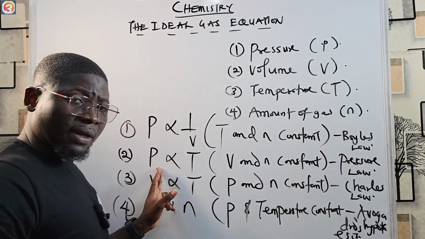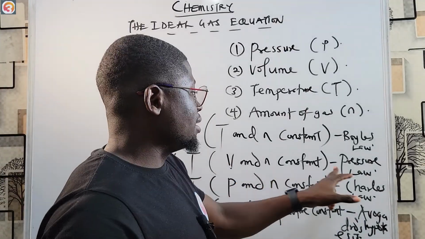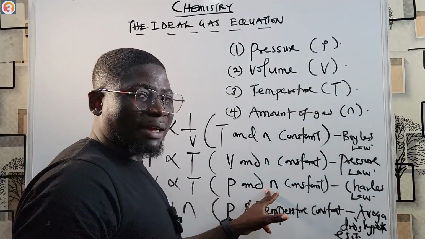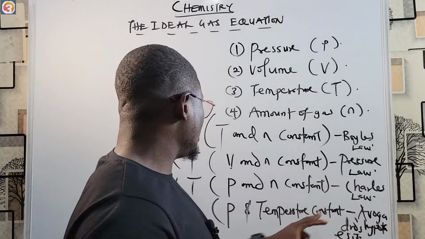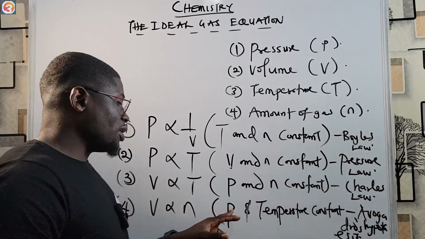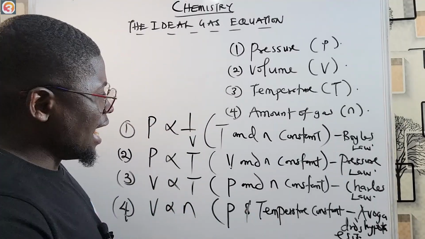We have seen between pressure and temperature, where volume and amount of gas are held constant, the pressure law. We have seen volume and temperature, where pressure and amount of gas are held constant. That was Charles law. We have seen volume and amount of gas, where pressure and temperature were held constant, and that is Avogadro's hypothesis.